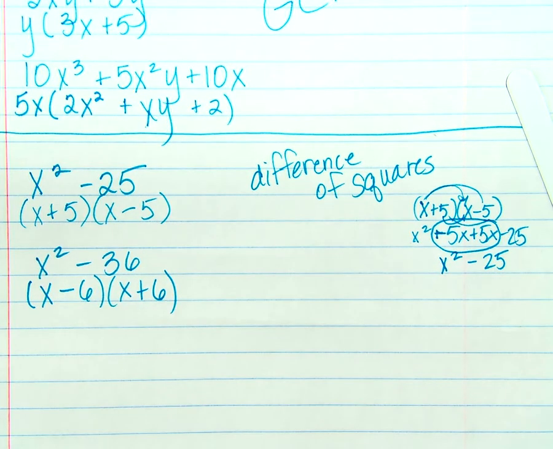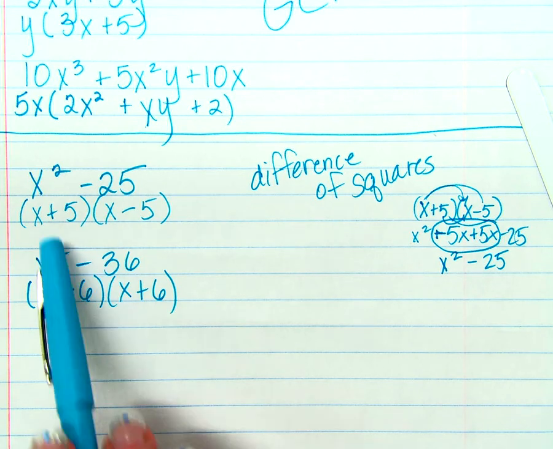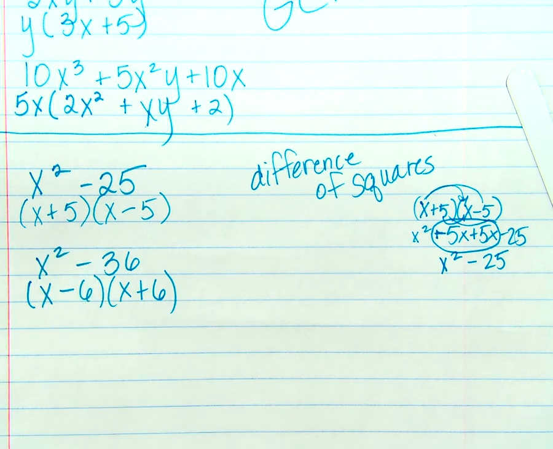So I did something to try to trick you. Did it work? On the first answer, I wrote x plus 5 and x minus 5. On the second answer, I wrote x minus 6 and x plus 6. Is it the same thing? Absolutely. Okay? So why did I write it opposite?